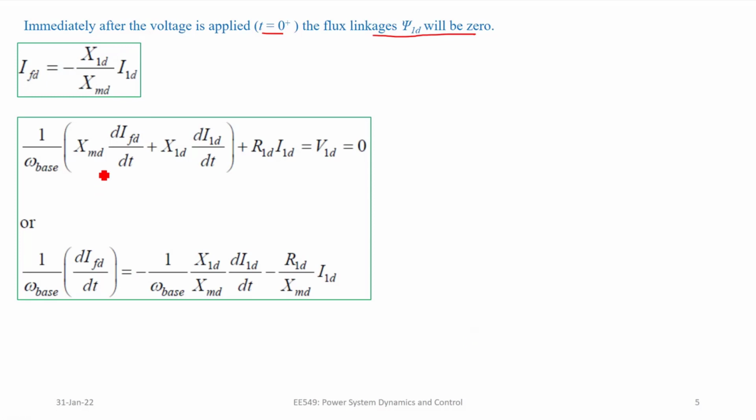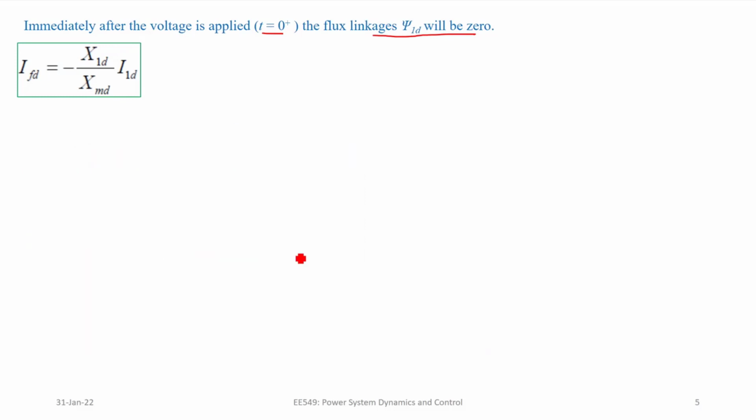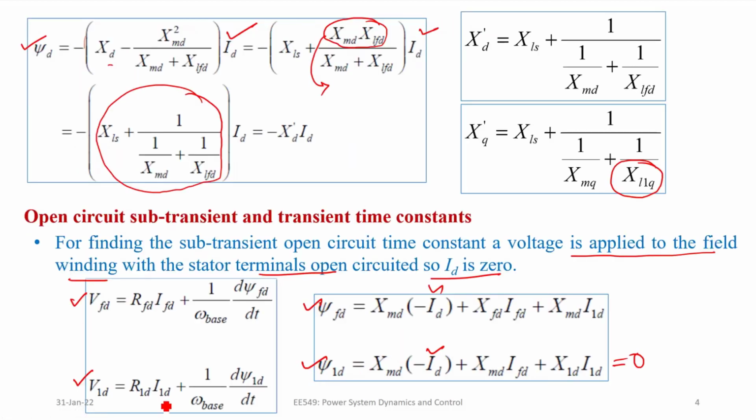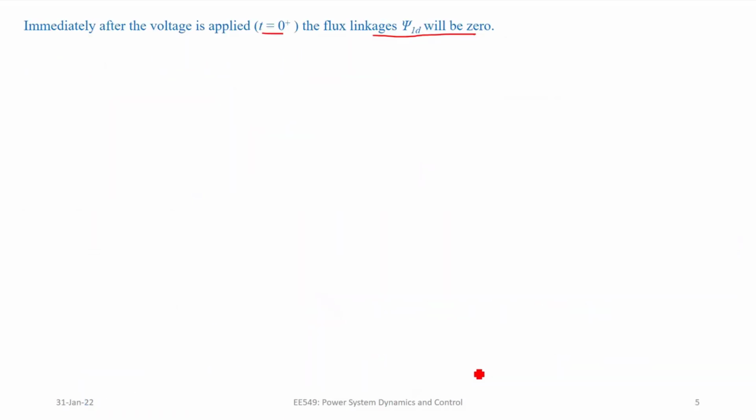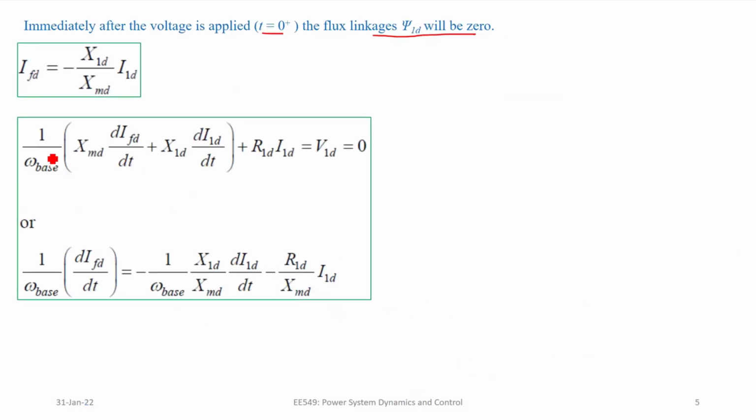In the V1D equation, I have to substitute 1 by omega base times d psi 1D by dt. So after substituting the psi 1D equation, the equation will become: 1 by omega base XMD d IFD by dt plus X1D into d I1D by dt, plus R1D I1D, equal to V1D, which is equal to 0.